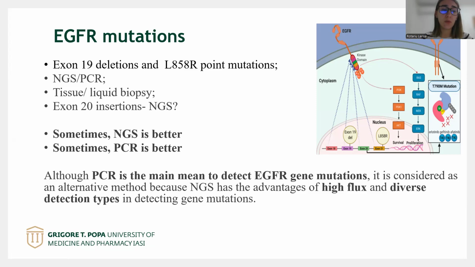In the group of 87 patients, a total of 24 had driver mutations detected by NGS, and in 7 of them EGFR mutations were found, and most of them, 6 out of 7, were exon 20 insertions, followed by uncommon exon 19 deletions. So the main method may be PCR, but maybe in some cases NGS is better.